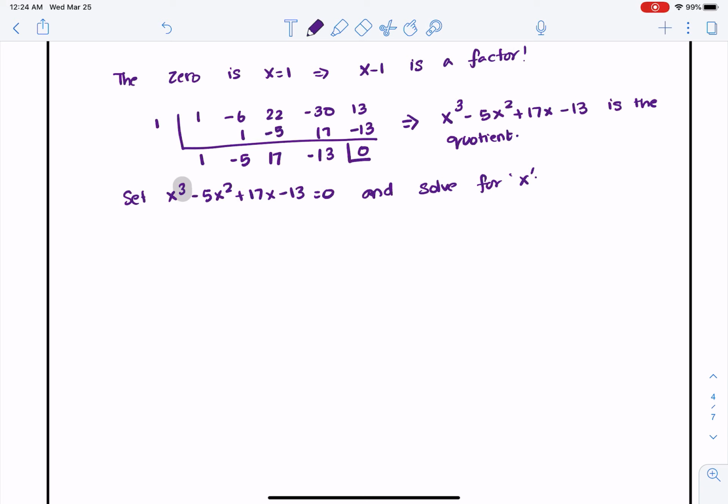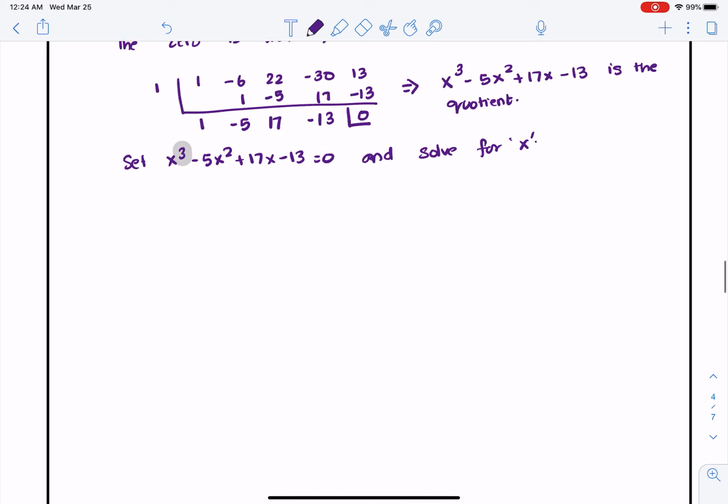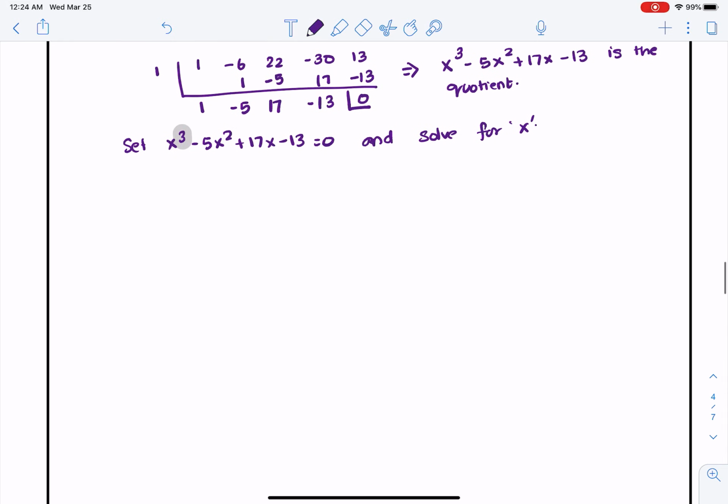So we can use the rational 0 test one more time, and if we look at it, the leading coefficient is 1. The constant term is negative 13.